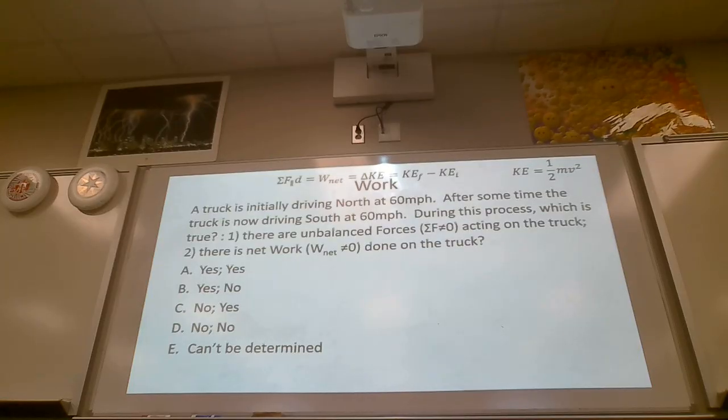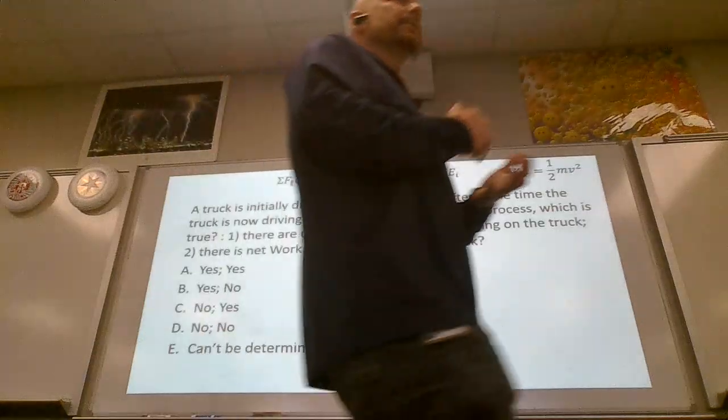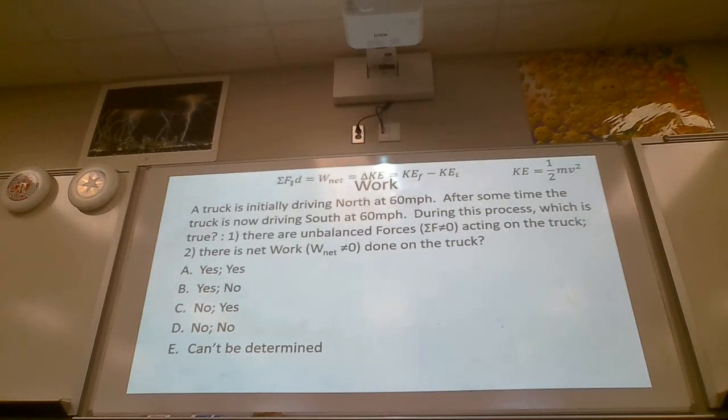Alright, Greg, let's take it question by question. So some of the forces in the x direction, are they equal to 0? Does velocity have direction? Does the fact that we changed directions mean we have acceleration?